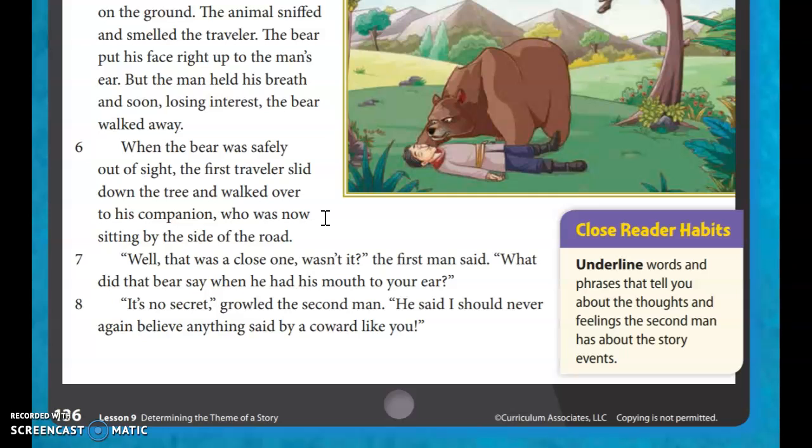"Well, that was a close one, wasn't it?" the first man said. "What did that bear say when he had his mouth to your ear?" "It's no secret," growled the second man. "He said I should never again believe anything said by a coward like you." Whoa.